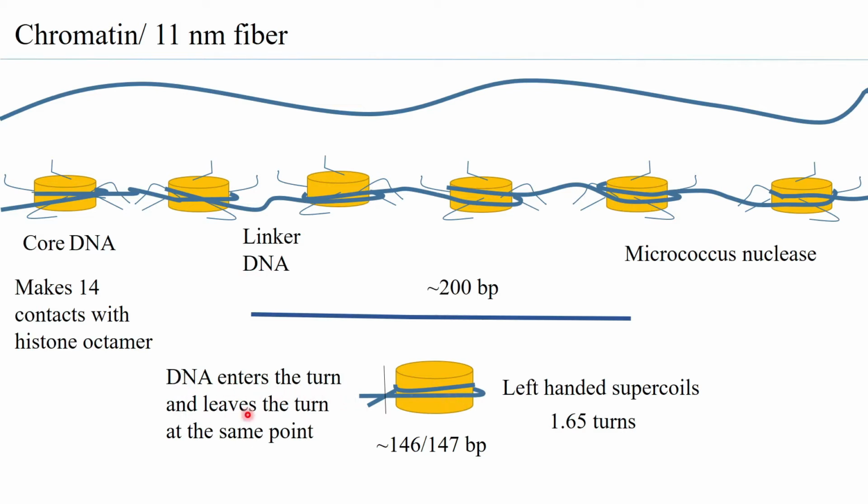The DNA was observed to enter and exit from the same region, the same point. This was an interesting find as well. If it enters the coil here, it comes out from here. So the entry point and the exit point were the same for the coiled DNA.